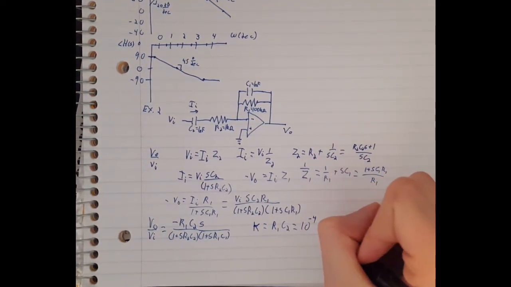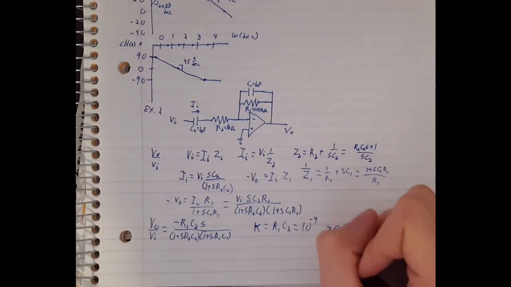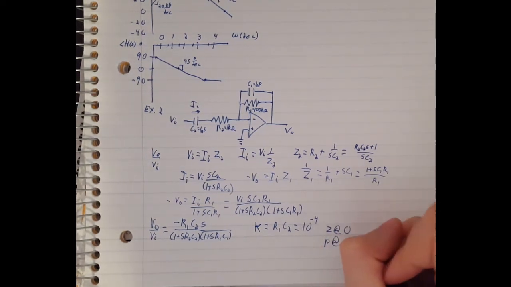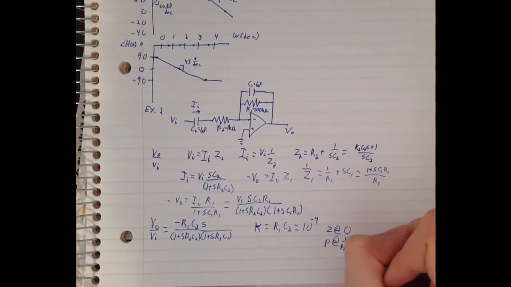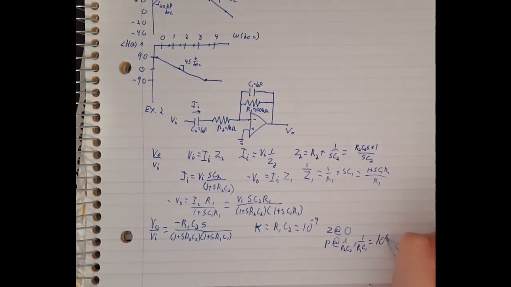We have a 0 at the origin. We have poles at 1 over R2 C2 and 1 over R1 C1, which, when we calculate them out, are 10 to the 6th and 10 to the 4th.